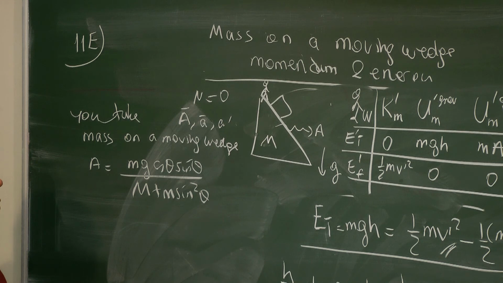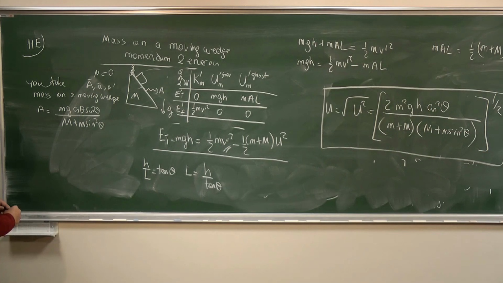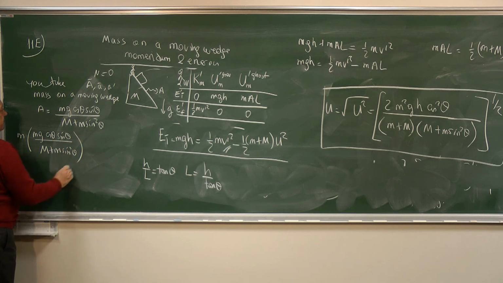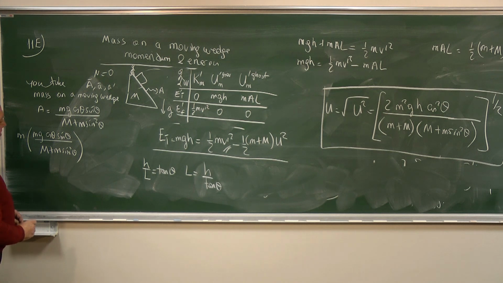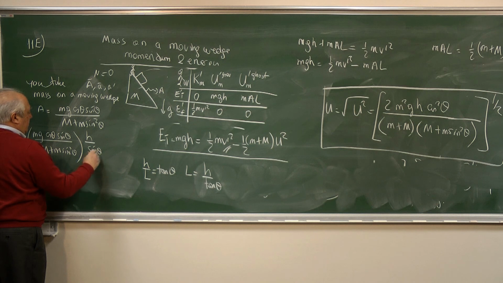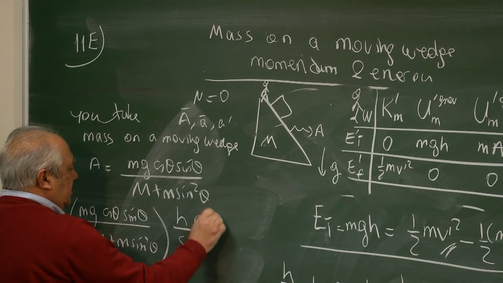Let me just insert that. mal, so m times this a, mg cosine theta sine theta divided by m plus M sine square theta times L. L is h over sine theta over cosine theta, so cosine theta is here.